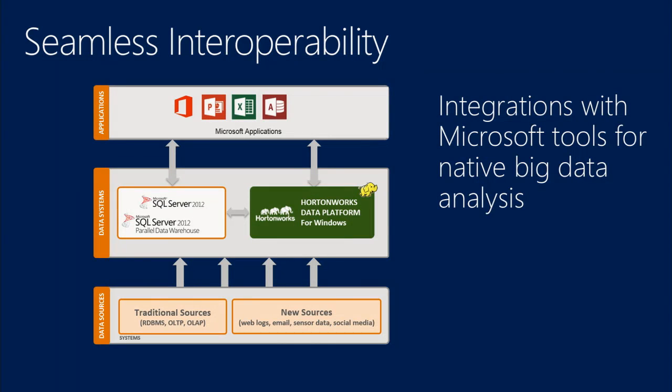So the Hadoop is really good at storing unstructured and multi-structured data. SQL Server in the same platform will be able to store your relational data, your OLTP systems, your customer data.